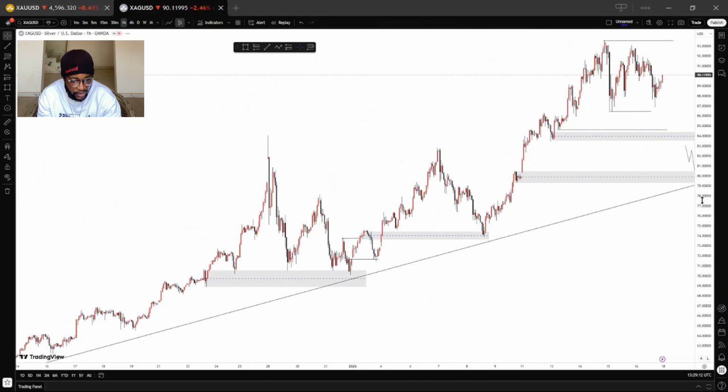Then I was looking at this level. I forgot to set an alert, and when I checked the chart, we were already around this level, so I just said, let me leave it. Back then, I would have been chasing the trade, but I was like, let me just leave it to do whatever it wants to do.